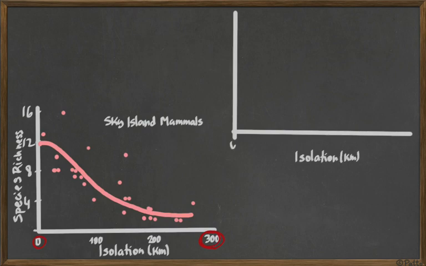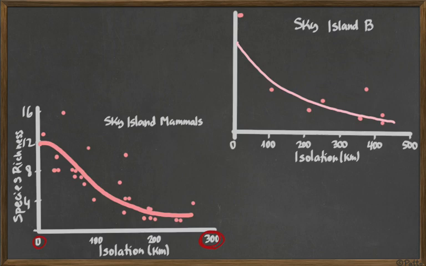And they did the same here for birds, the isolation for birds. Basically, if you had closer sky islands, you had more species. Far away sky islands, you had less species. So basically, they confirmed the hypothesis that closer islands should have bigger biodiversity.